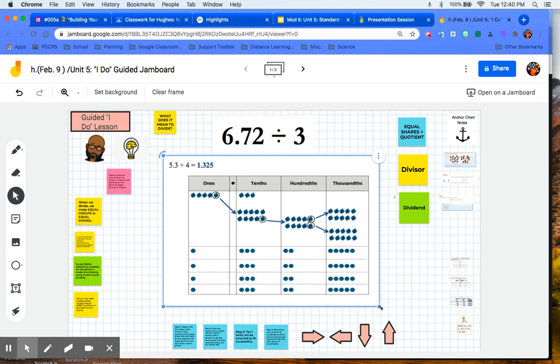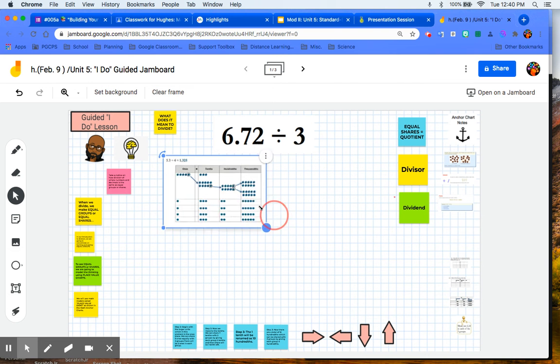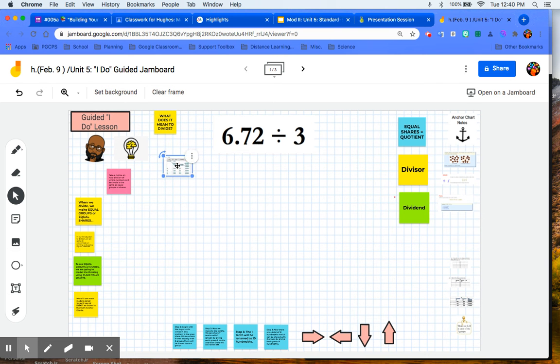And I think this is very exciting. And I'm going to show you the example with our equation here. In the dividend, I have what? I have 6 ones, 7 tenths, and how many hundredths? 2 hundredths.